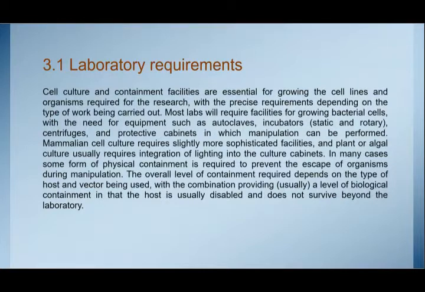The overall level of containment required depends on the type of host and vector being used, with the combination providing a level of biological containment in that the host is usually disabled and does not survive beyond the laboratory.